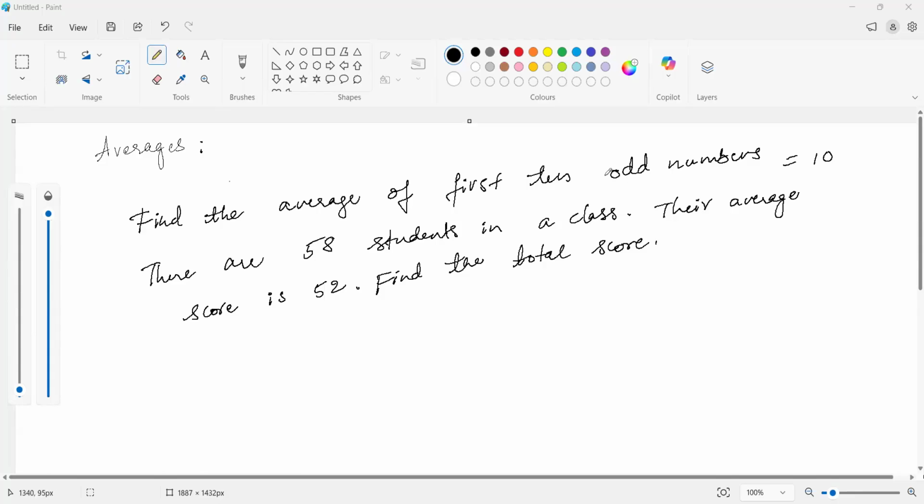Find the average of first 10 odd numbers that you have completed. Okay. There are 58 students in a class. Their average score is 52. Find the total score.